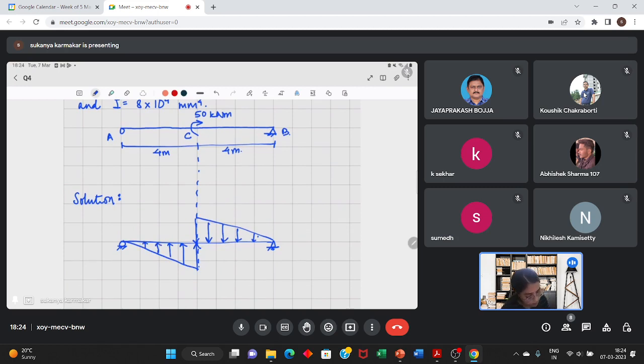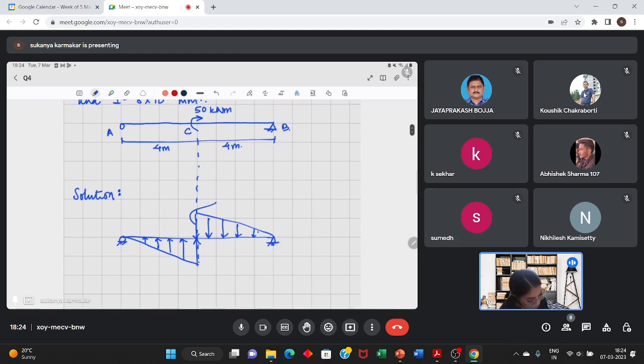This value is 25 by EI, and we had also already calculated the support reactions. This is the conjugate beam. I'm removing the supports and I'm writing the reactions. This reaction was 50 by 3 EI, and this support was 50 by 3 EI. This being point A, this being B.